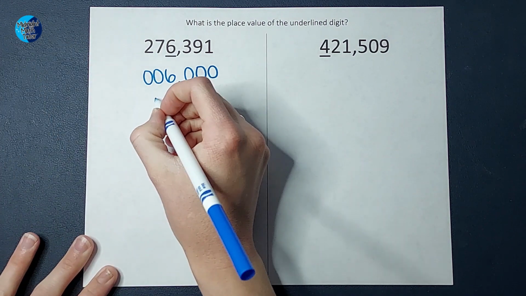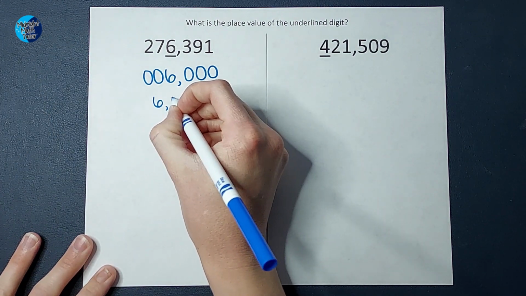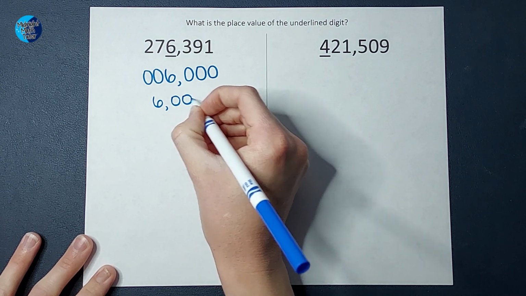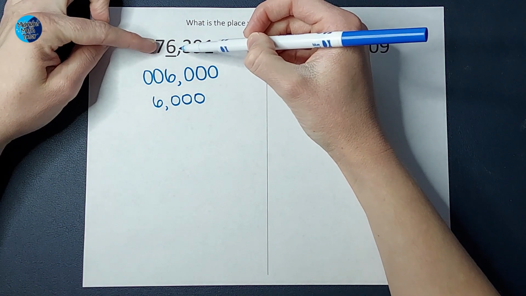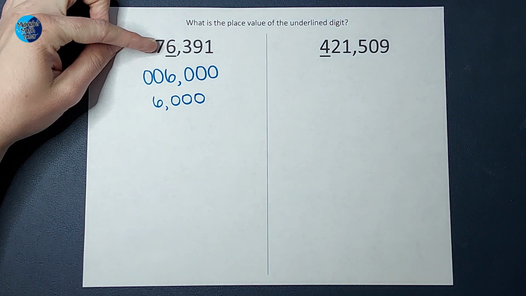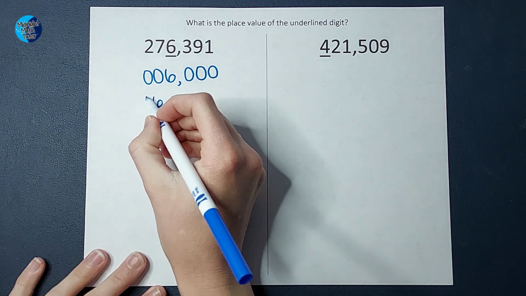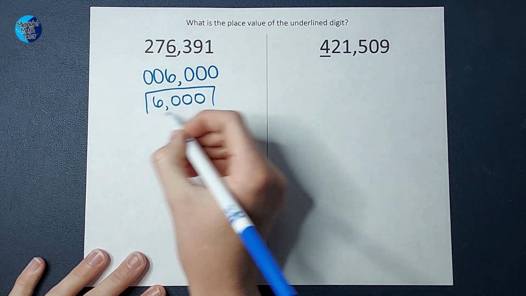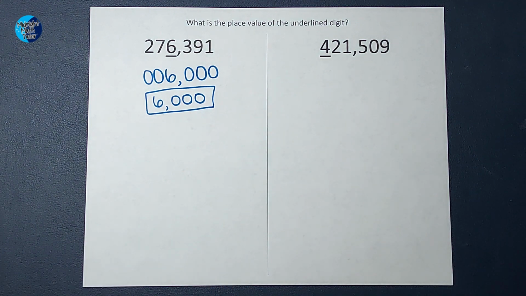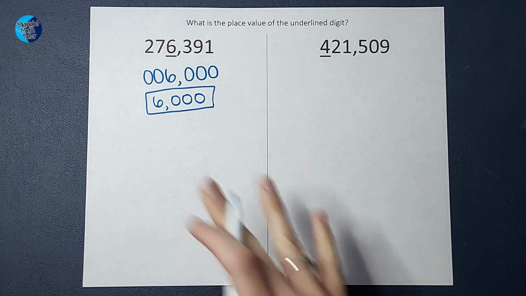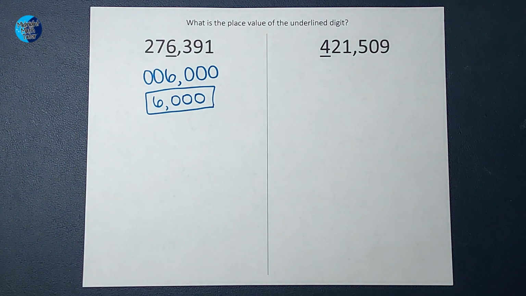So what is it without those? Well, it's 6,000, right? That is what they are trying to get you to figure out, that this number here does not just mean 6 when it is placed there. It means 6,000. So if you just put zeros everywhere else, that can help you figure out the value of that number that is underlined.